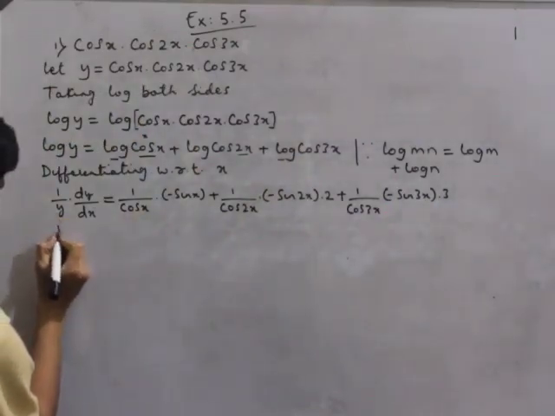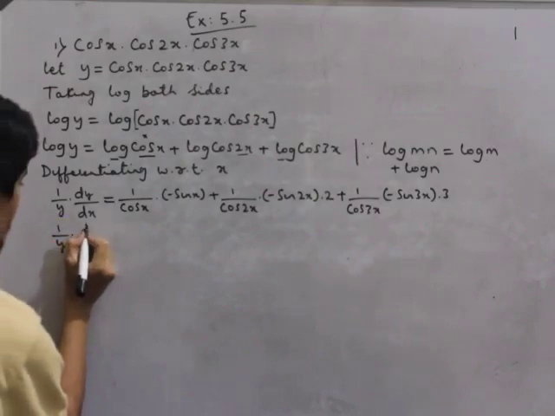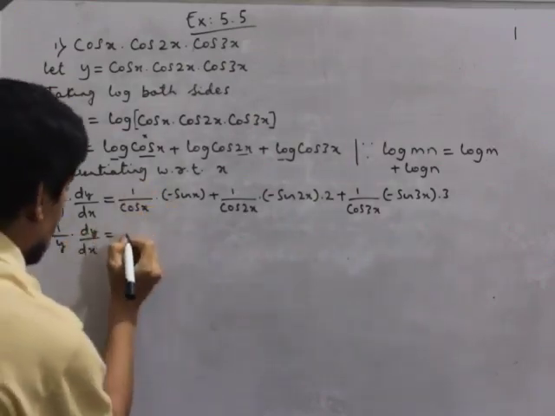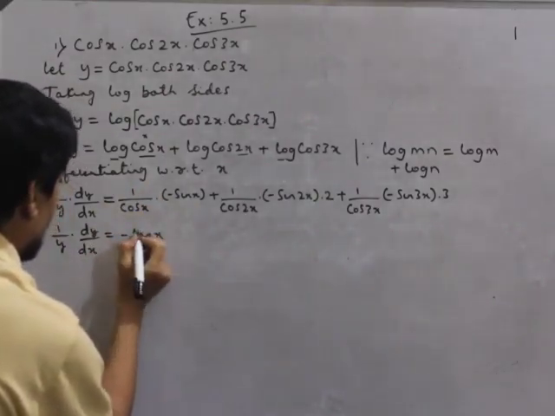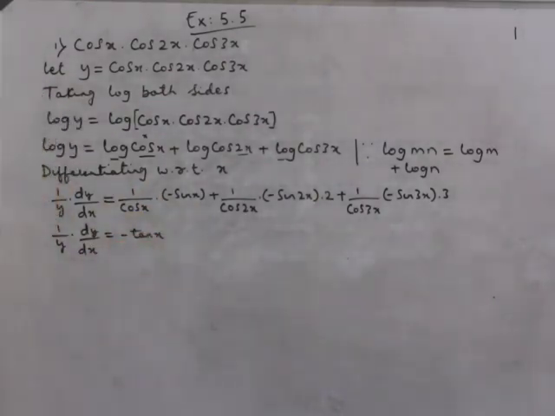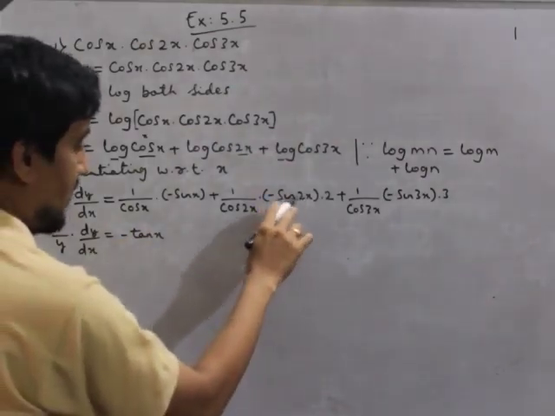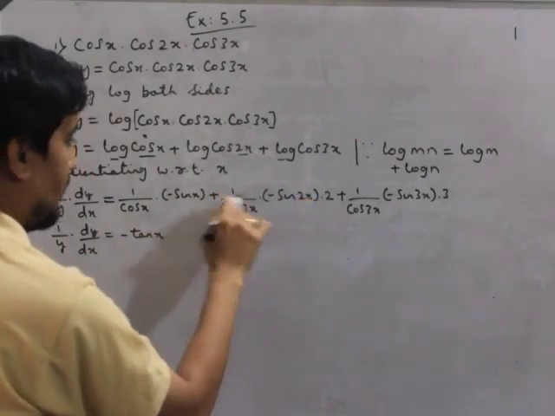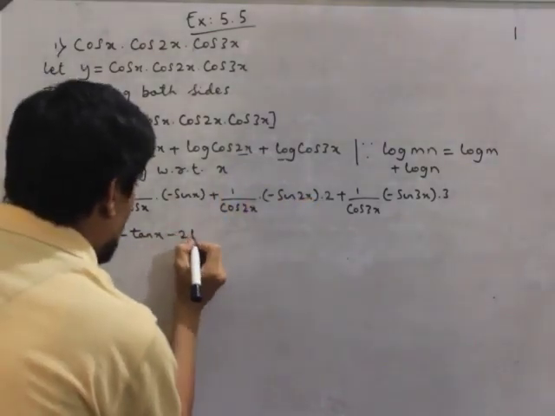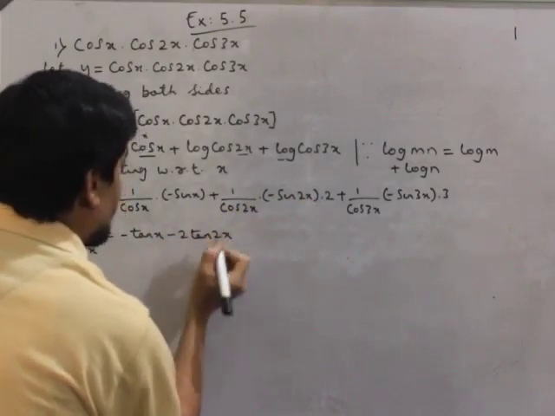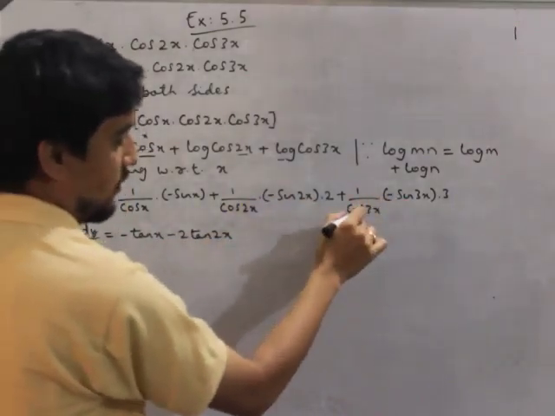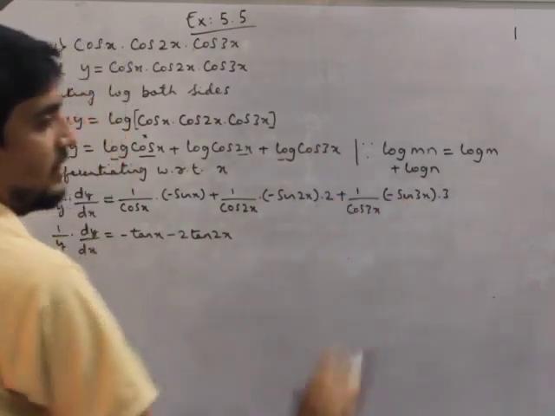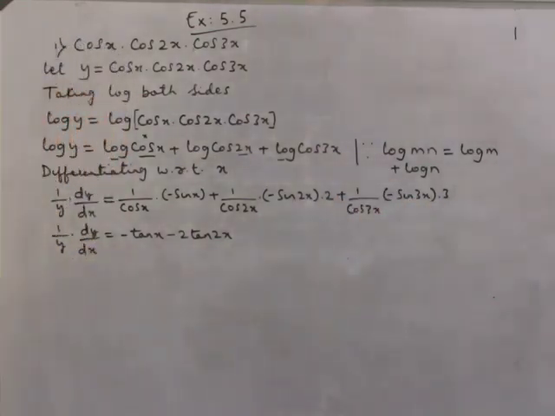So we'll write it as it is, 1 by y into dy by dx is equal to minus sin x by cos x is minus tan x, and here minus sin 2x by cos 2x is minus tan 2x into 2. Here we have minus sin, so minus 2 tan 2x, and here sin 3x by cos 3x is tan 3x, minus tan 3x because of this minus, into 3, minus 3 tan 3x.